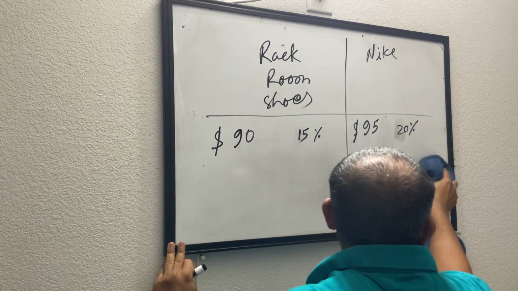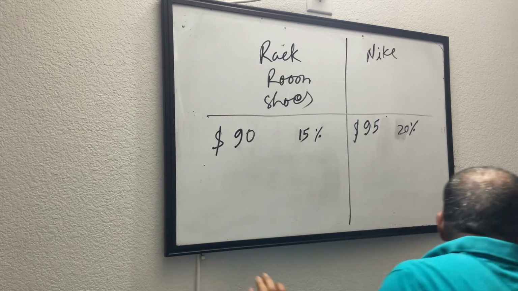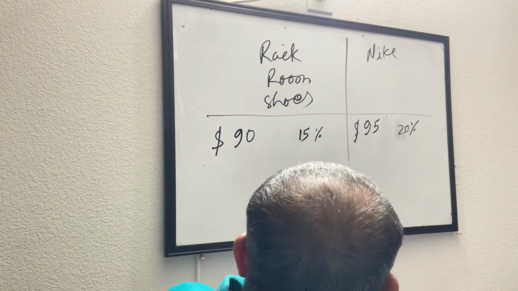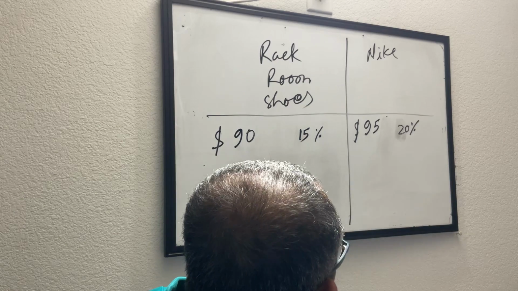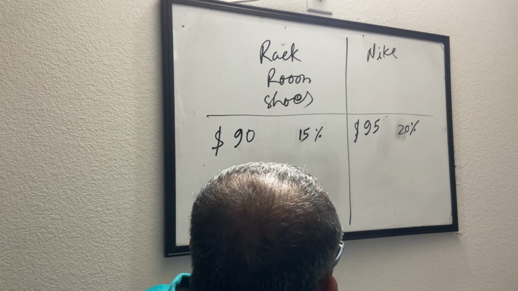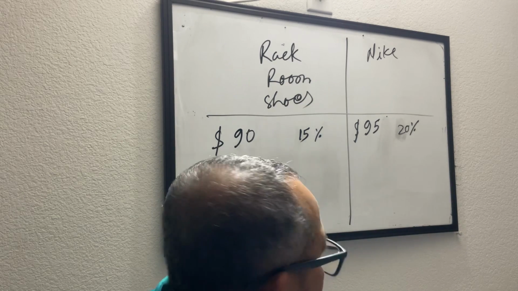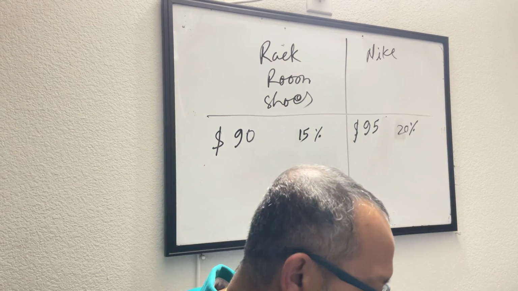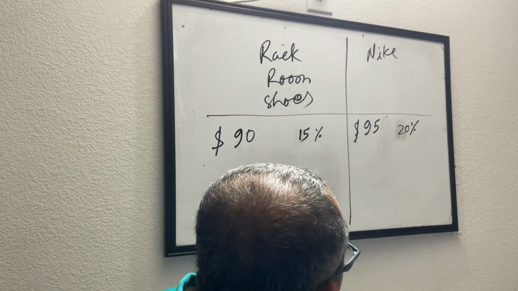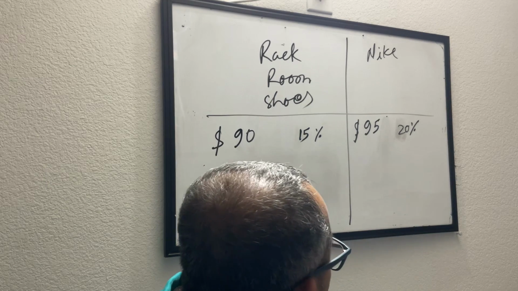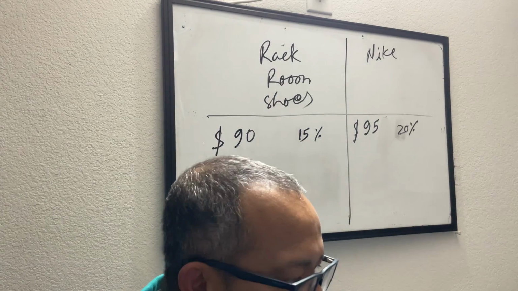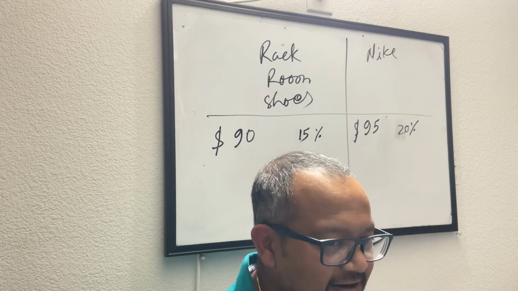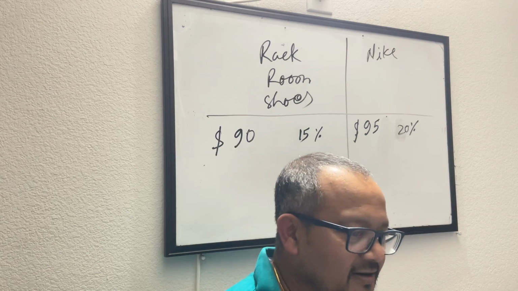Because you get $90 when you pay less from a 15% discount, but Nike on the other hand makes us pay $95 from a 20% discount. So we need to pay less for Raffles. How much? Like $90.